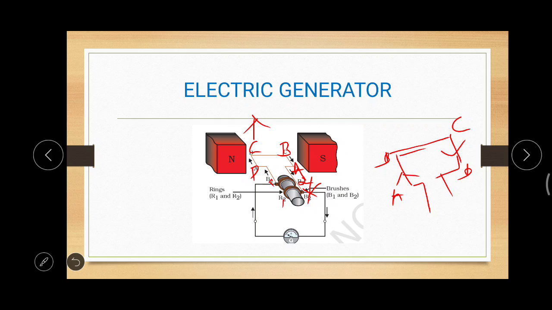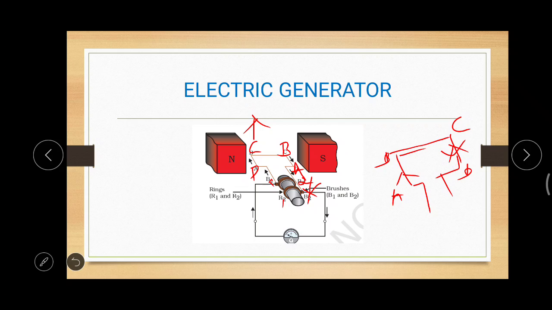Here, if you are using Fleming's right hand rule now, in C to D, and D and C, if you are considering, the current will be from D to C. That means the current has reversed its direction.